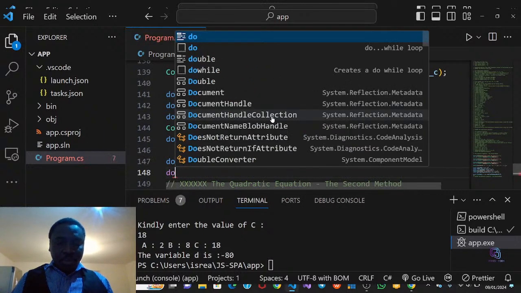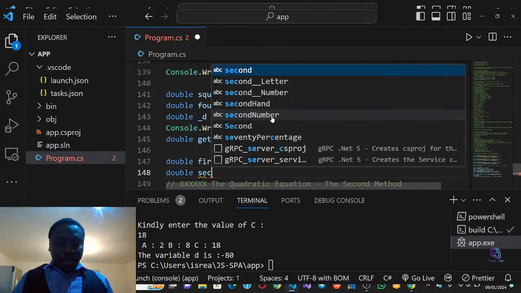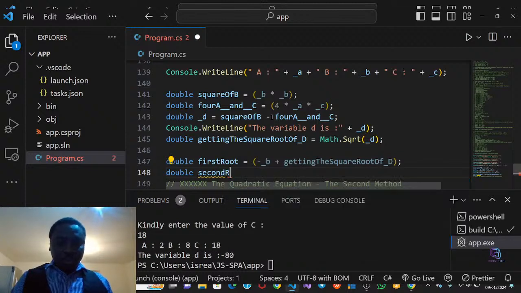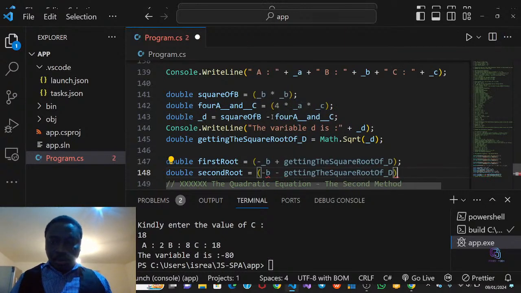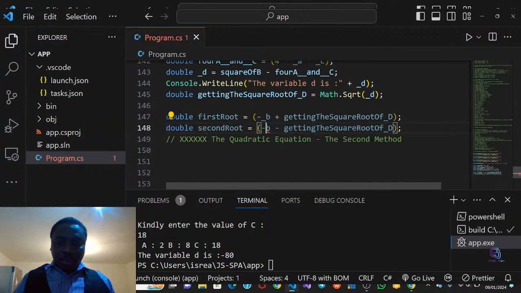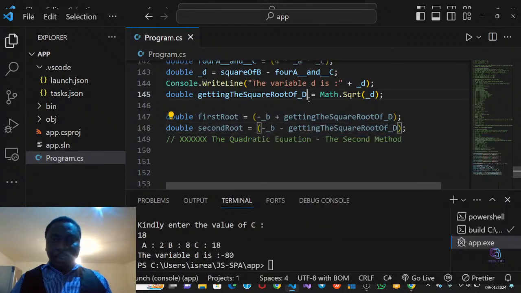The second root is equal to what? Minus b minus the square root of d. So then we're going to print it out.